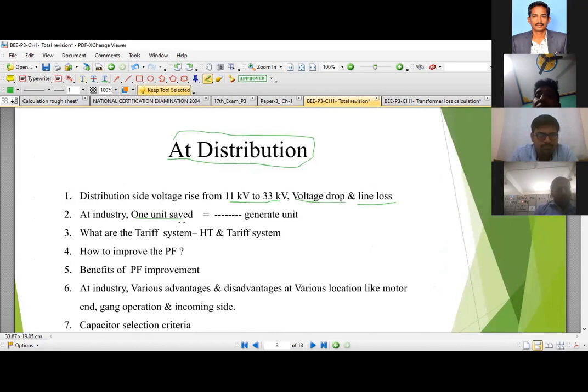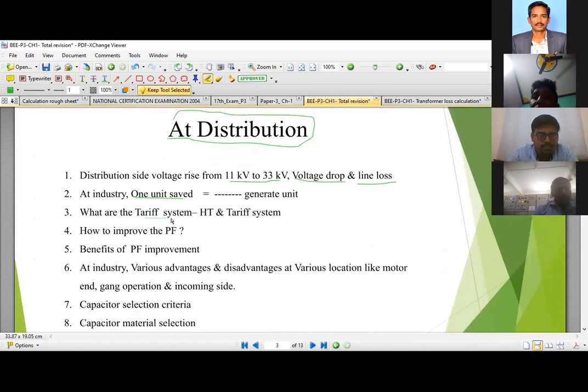Okay. And what are the tariff systems? Can you understand now? HT, what are the tariff systems? Energy charges, power factor penalty, meter rental. Main part. HT line, they will ask 1 mark. HT line, 2 types. Main important.